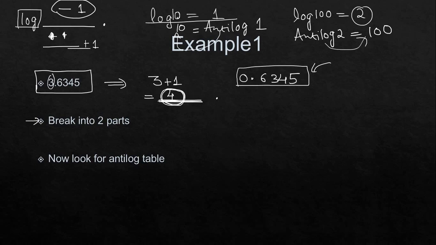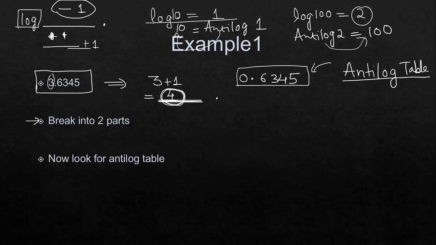Now we have to calculate the antilog of this. So how are we going to do it? In this case we are going to use the antilog table, okay? Just like in the log value we used the log table to find the mantissa, here the mantissa is given, so we have to find the value after the decimal. So we need to use the antilog table here.